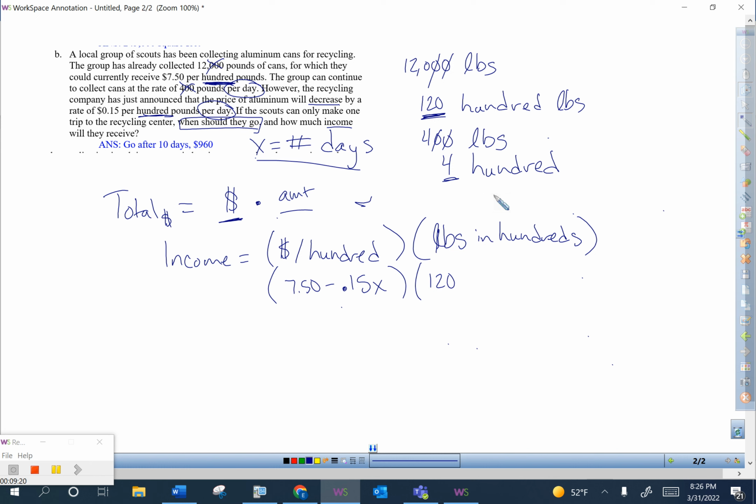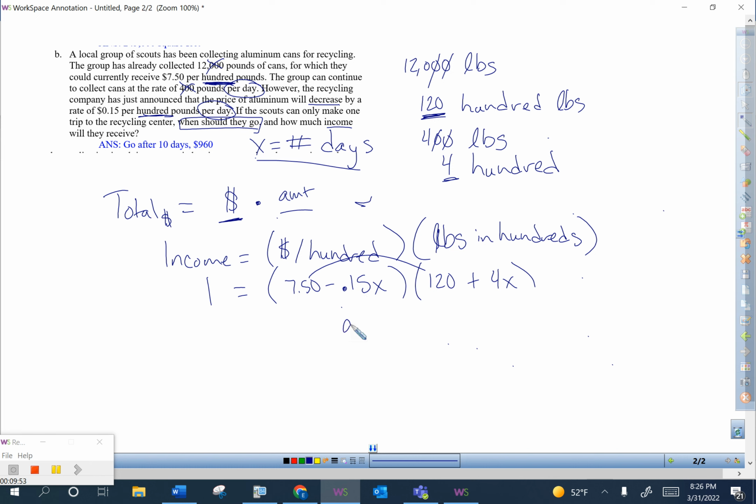And here we have to look at whether we increase or decrease. It's collecting cans at this rate, which means we're adding more cans, so positive, and then 4 with our X. So this hundreds made it a little bit more tricky, so we got to watch out for those labels there. Again, when I'm writing this, I like to go ahead and simplify first. So I'm going to FOIL here, first times first, and then we're going to do this all the way through.